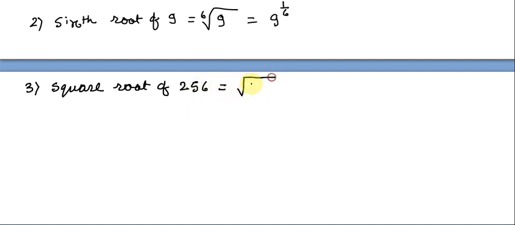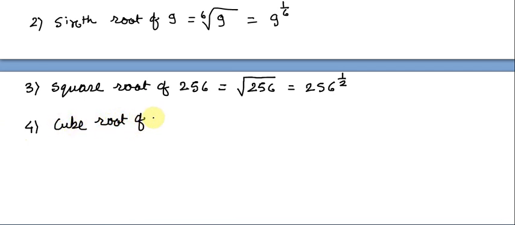So it is written as square root of 256 equal to 256 raised to the power 1 by 2. Fourth one is cube root of 17. It is written like this: cube root of with radical sign, and with index it is written as 17 raised to the power 1 by 3.